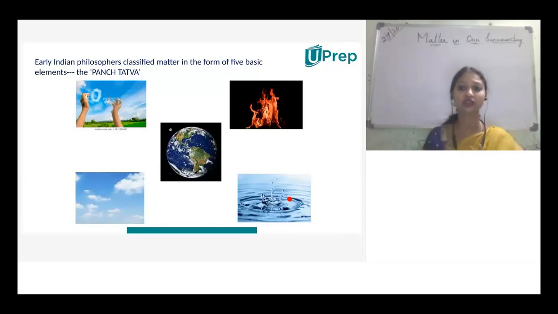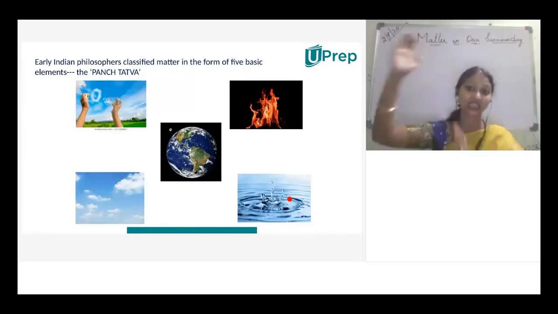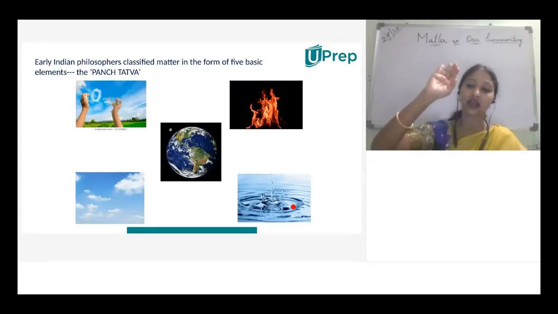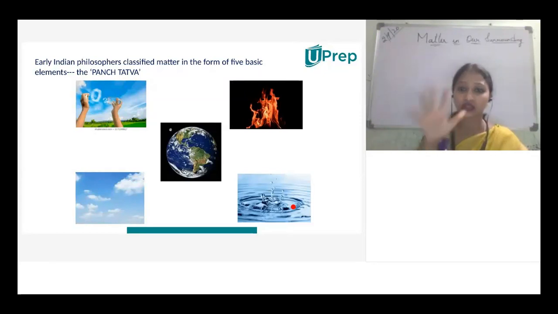Based on these, if it is air, they classified it under air, and so on for earth, fire, sky, and water. So the earlier Indian philosophers classified the elements into 5 basic elements: air, earth, fire, sky, and water.